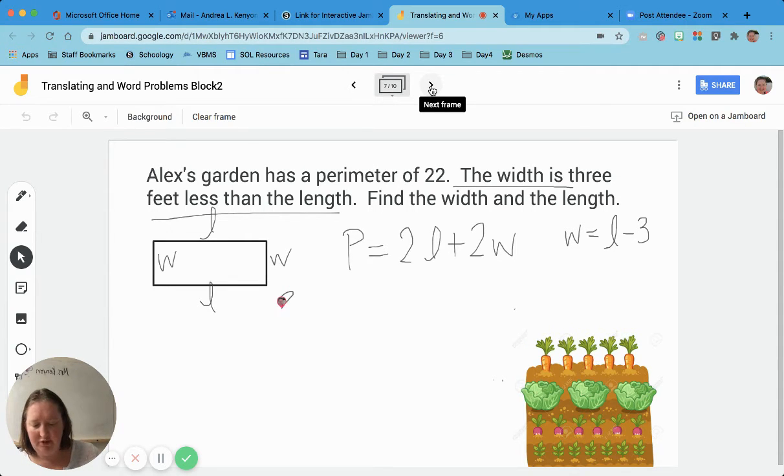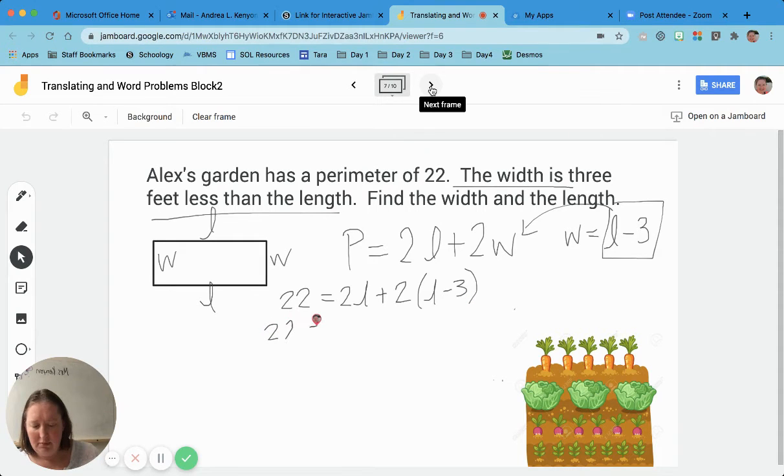That's 22 is equal to 2 lengths plus 2 widths. This whole thing is going to come in for the W. So I have 2 and then parentheses length minus 3, close parentheses.